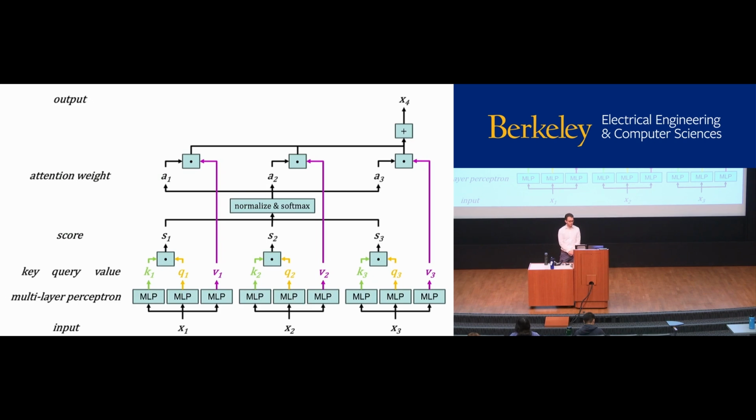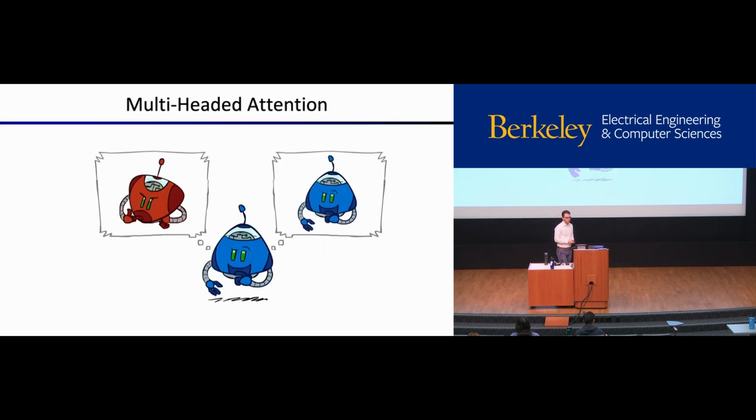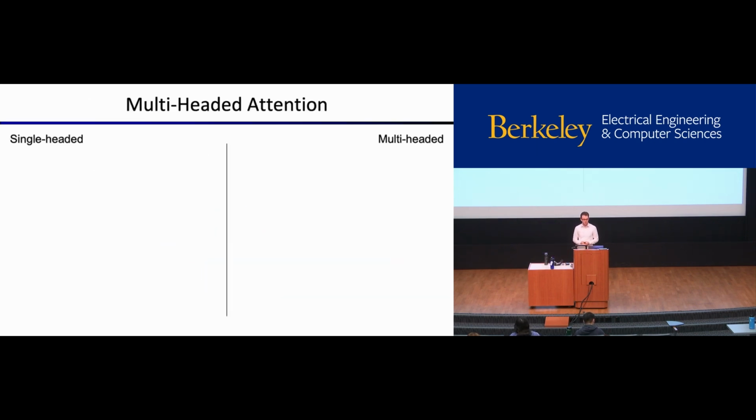Okay. So language models today love this idea. They say attention is so good, so what if we had more attention? What if we had multi-headed attention? We started with single-headed attention, and now we want to think about what multi-headed attention would look like.